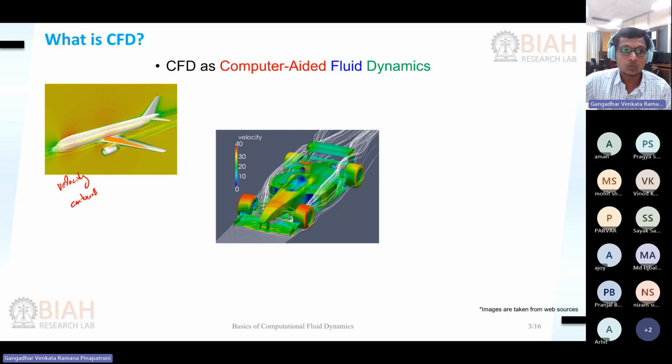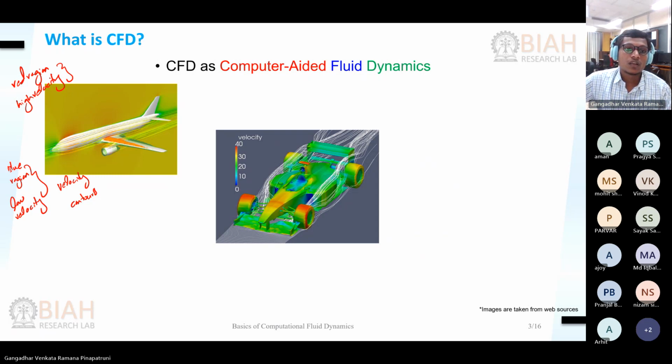Suppose the blue region is low velocity, and the red region is high velocity. Are you getting my point?